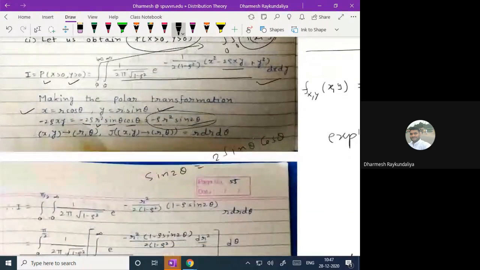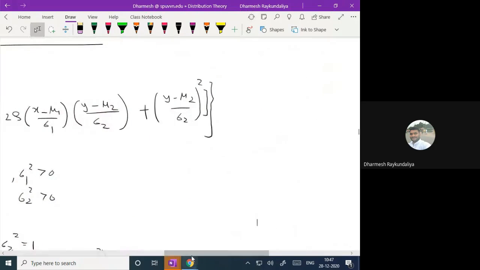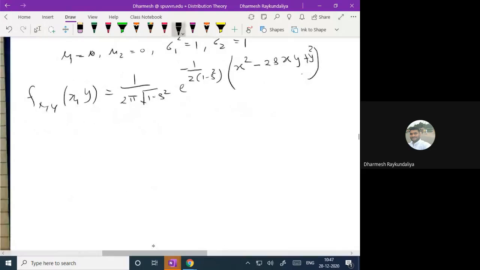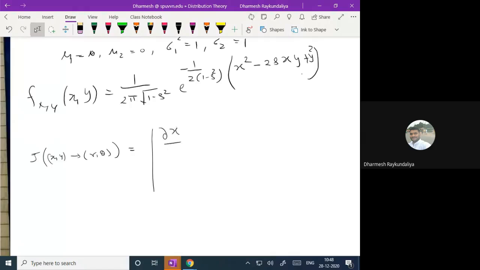Now I wish to find the Jacobian from x y to r theta. We know how to find the Jacobian. The Jacobian of x y to r theta is the determinant with del x by del r, del x by del theta in the first row, and del y by del r, del y by del theta in the second row. x is given as r cos theta and y is r sin theta.